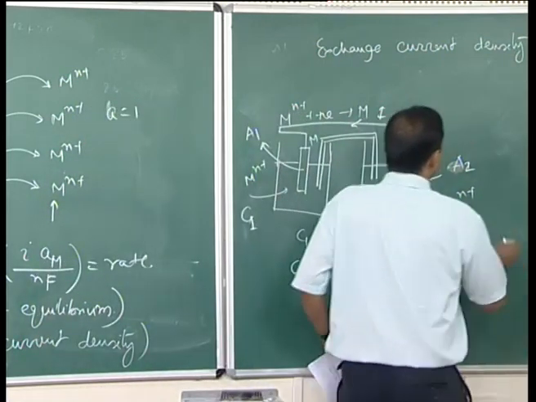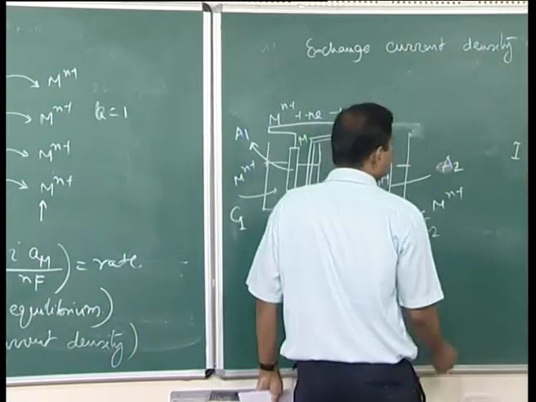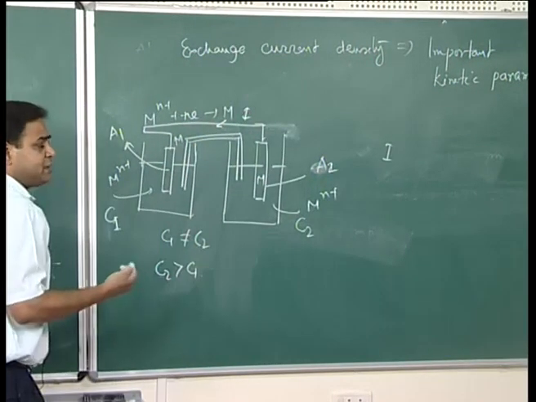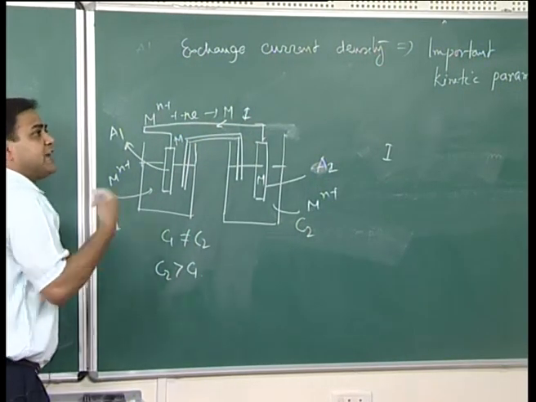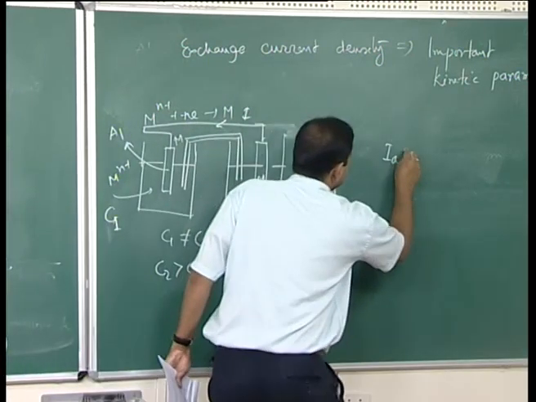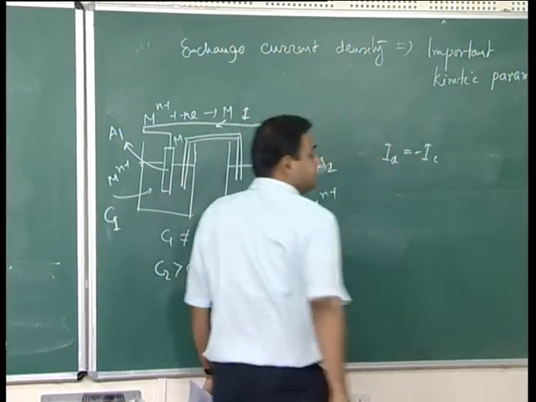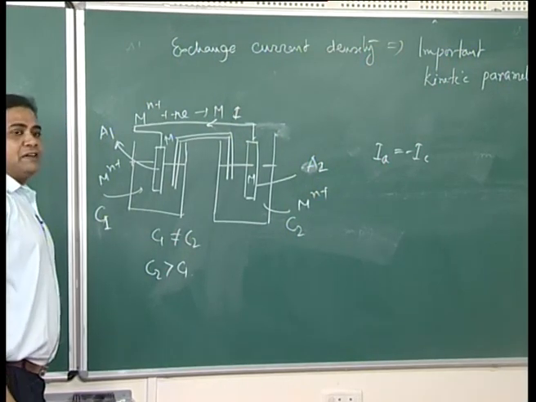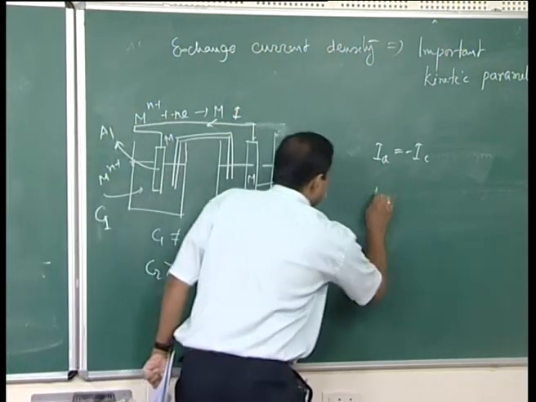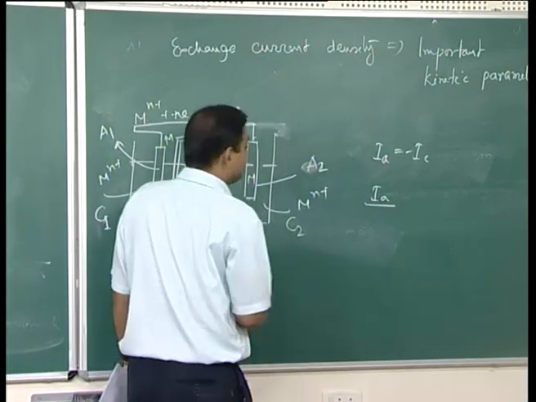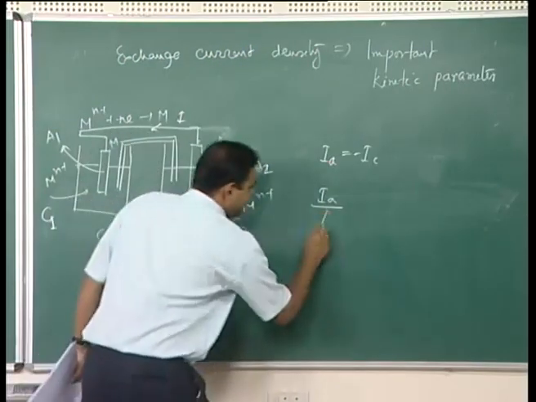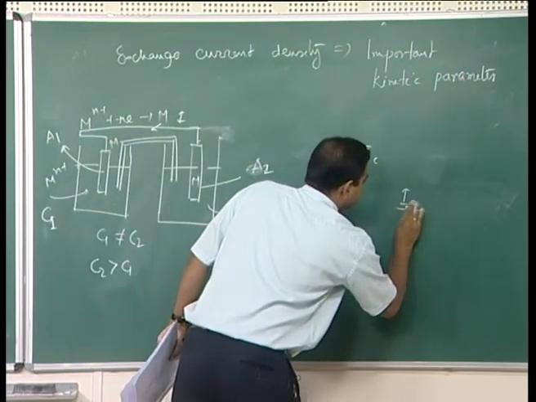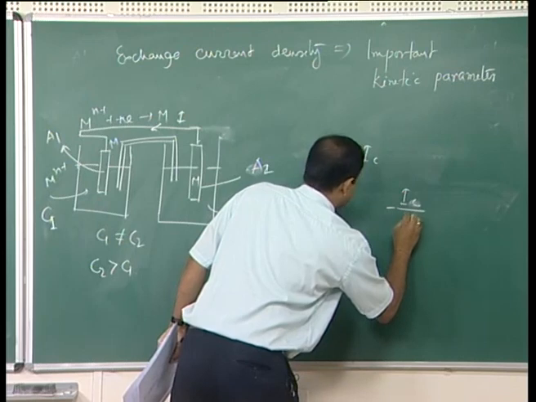Now, what would be my anodic current and cathodic current? If you consider this to be the anodic current, the opposite you can consider as the cathodic current. So, IA equal to IC, but if you would like to find the current density, then IA divided by the anodic area A1, and IC divided by A2.